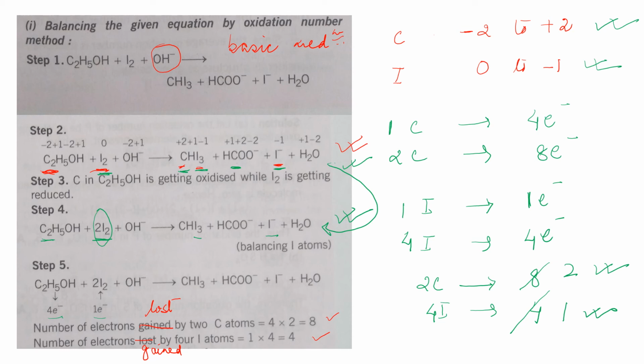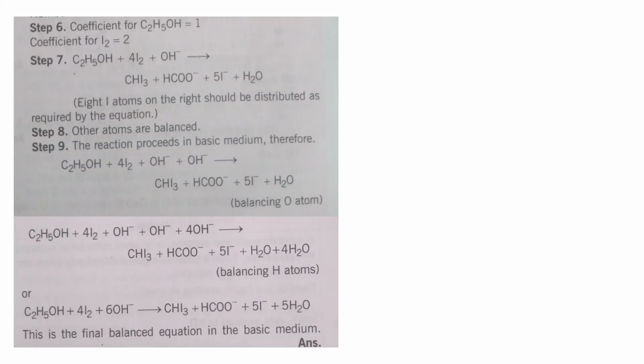Let me see what the next step is saying. Now the coefficient for C2H5OH is 1 and the coefficient for I2 is 2. Already I told you in the last slide. Now I have to multiply the carbon and iodine with this coefficient. So what was my equation in the last step, step number 6? Let me write it here.